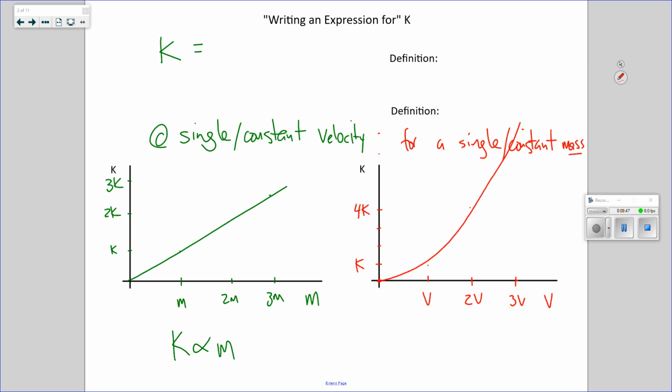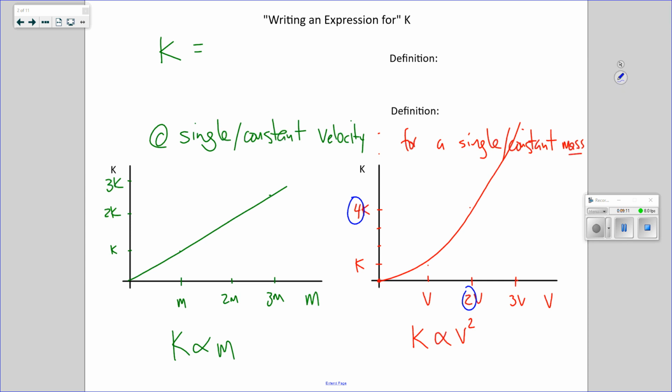And this kind of relationship, whoops, is called K is not proportional to V. It's proportional to V squared, right? Here's what we did. We doubled an object's velocity. We quadrupled its kinetic energy. Some of you will call this, oh, it's exponential.